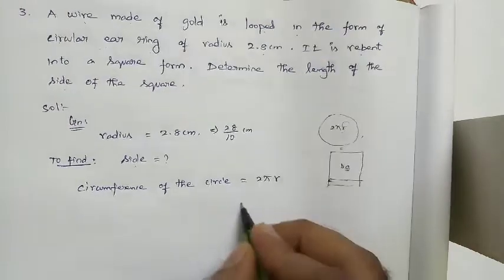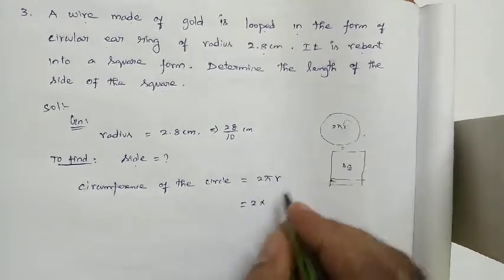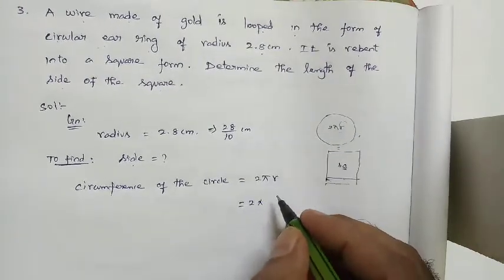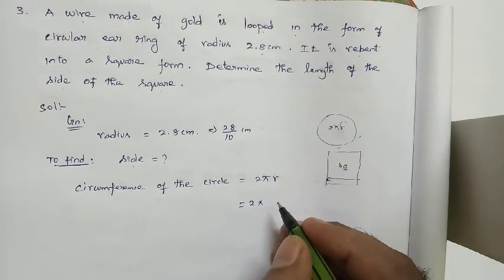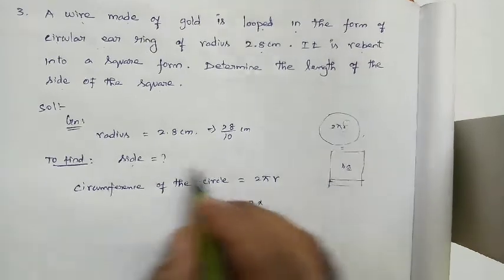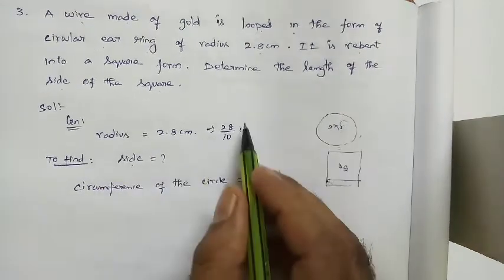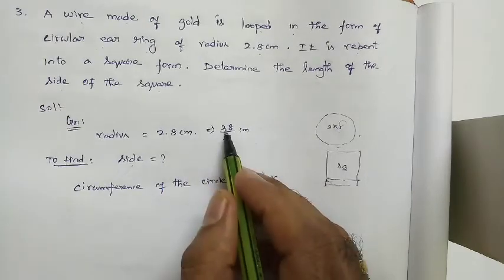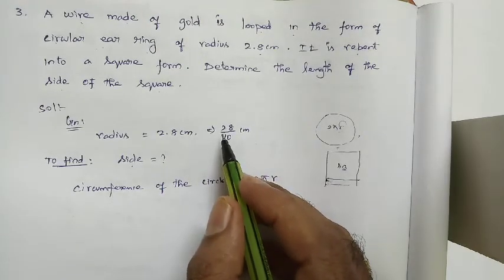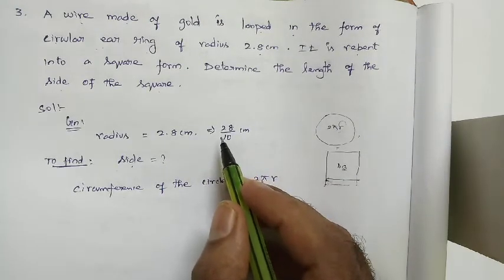Okay, substitute the values. 2 into, what is the value of pi? 22 by 7 or 3.14. But we are going to use 22 by 7, because the radius or diameter will mostly be in multiples of 7. 28 is a multiple of 7. The second sum also has multiples of 7, and the first sum also.